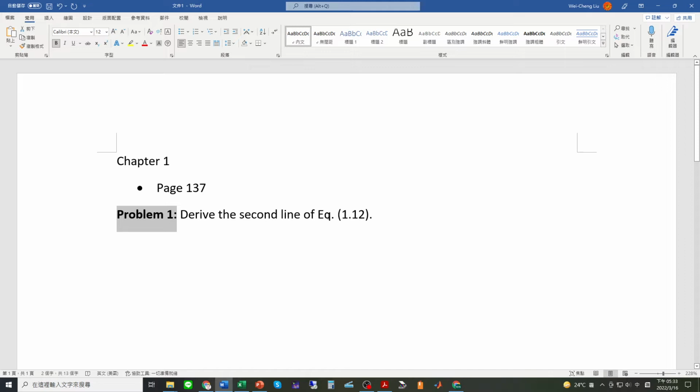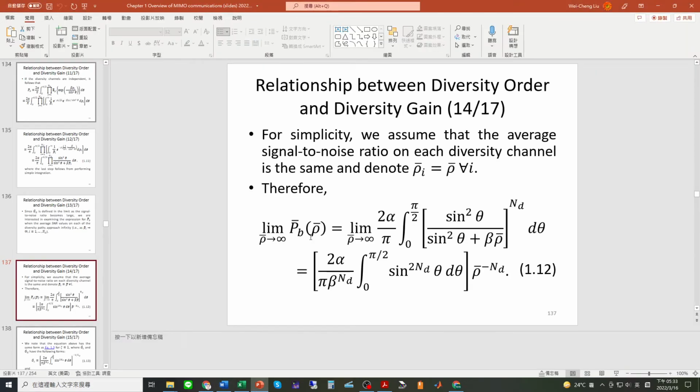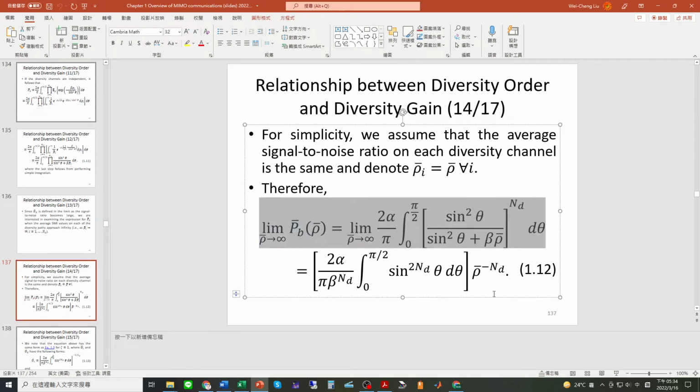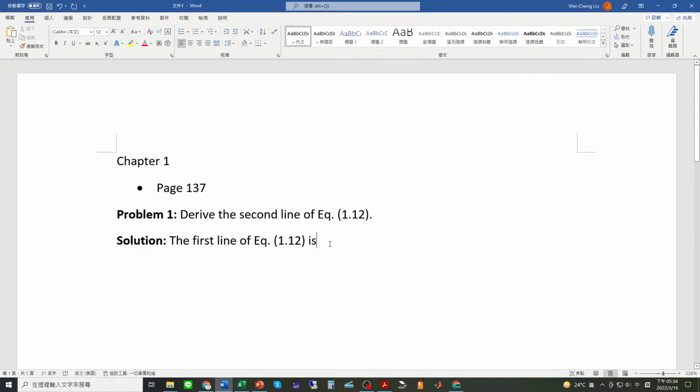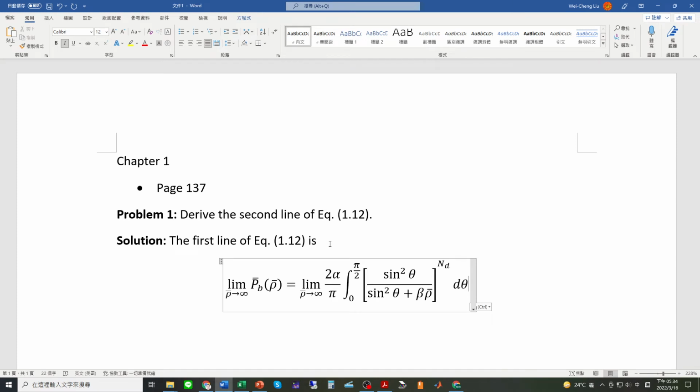Derive the second line of equation 1.12. Okay, so here is the solution. The first line of equation 1.12 is, let me copy the first line of equation 1.12 to here. Okay, good.